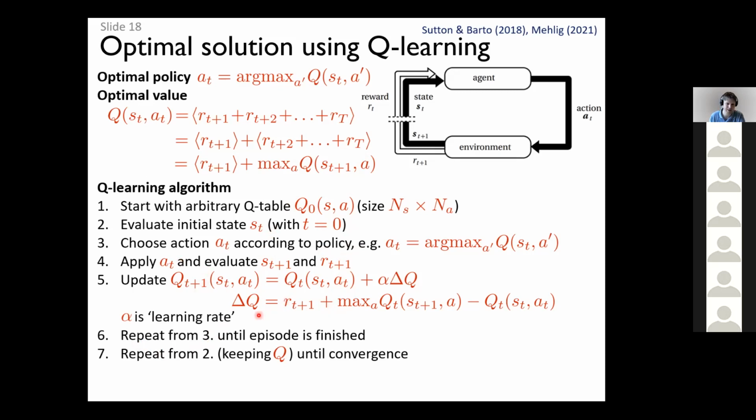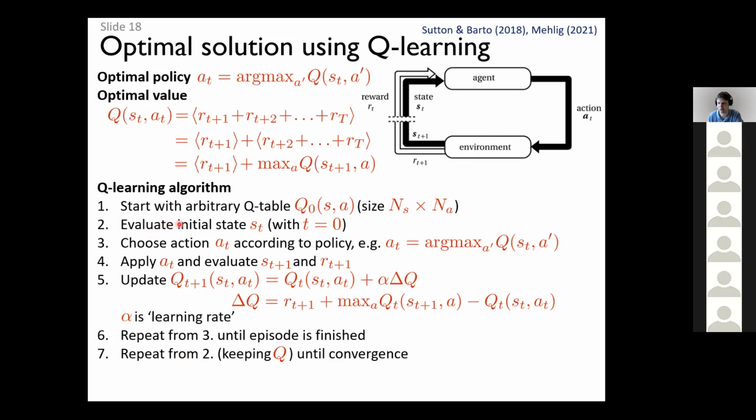So that's the update. That's one loop in this framework. And then when we get here, we have a new state, which is fed to the agent. And then we can choose a new action. So we repeat from step 3 over and over. And we continue doing this until the episode is finished, that is, until game over or the tiles run out. And after that, we make a new episode starting from state 2.